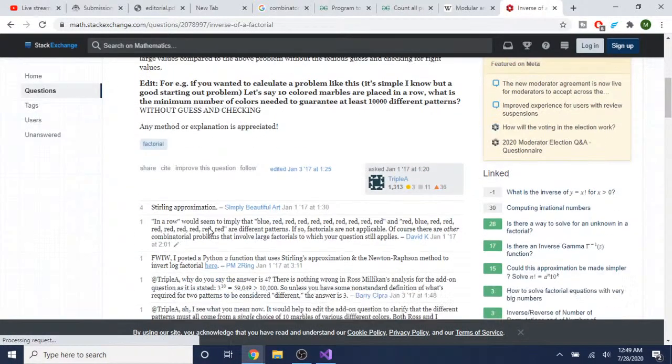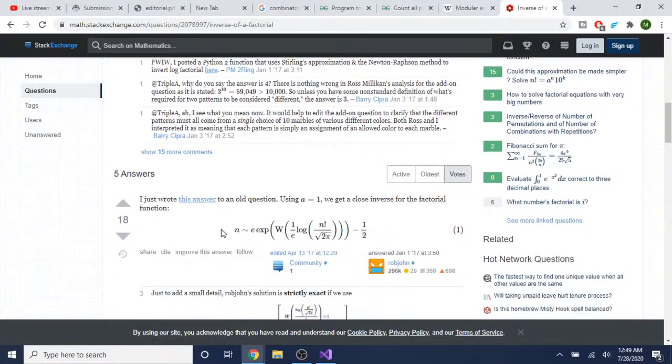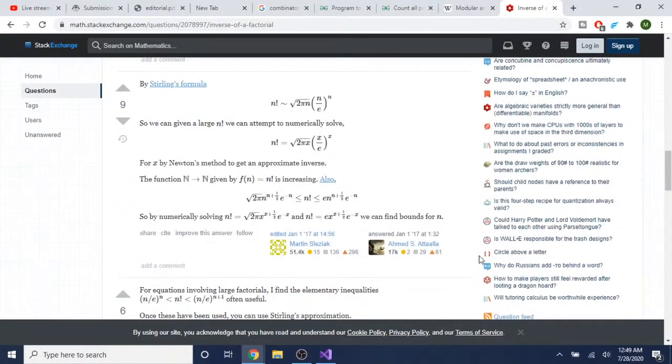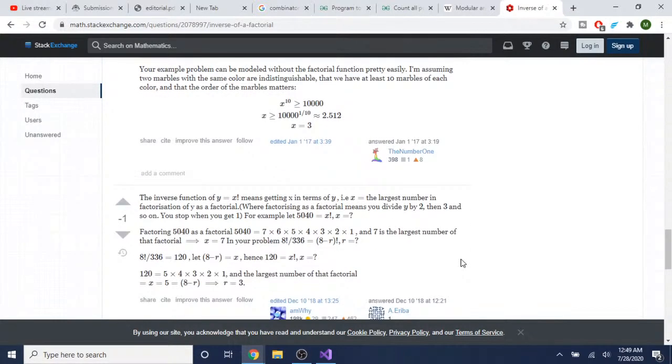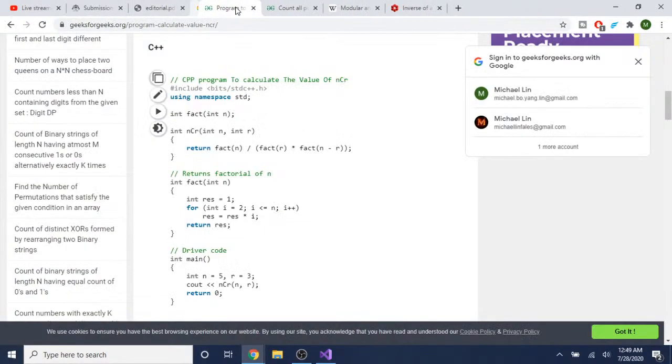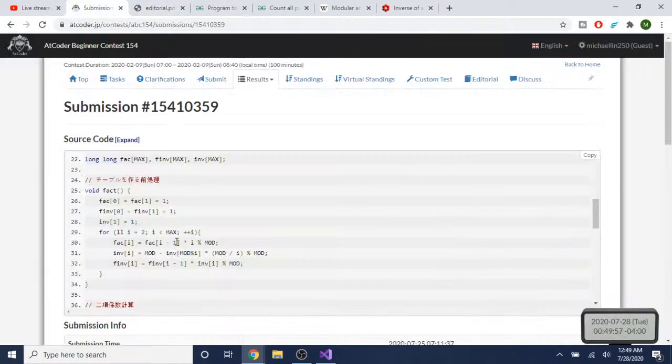What is a factorial inverse? What is going on? Factorial inverse.